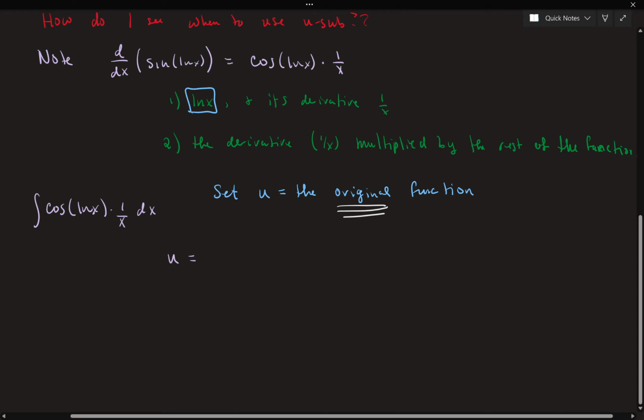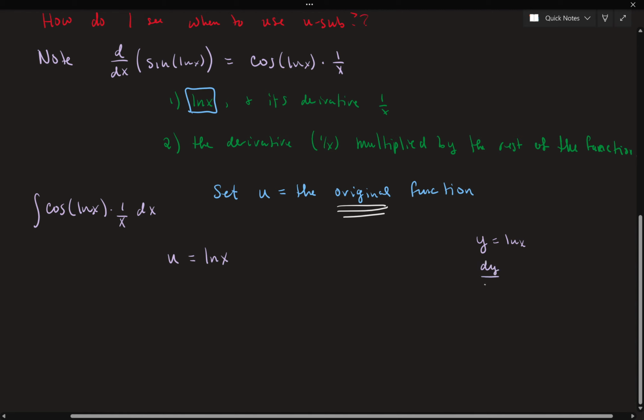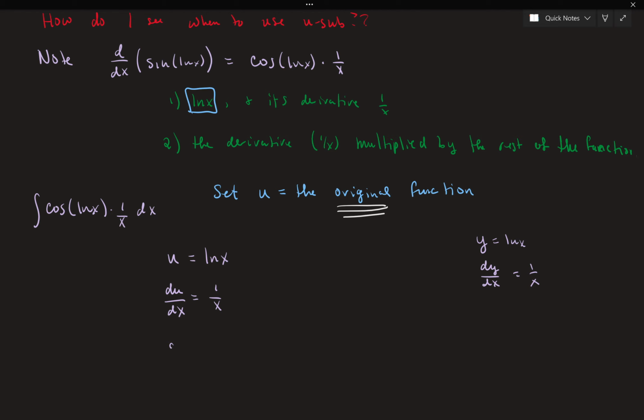I let u equal ln of x. I'm going to now take the derivative of both sides with respect to x. So u is a function, it's just the name of a function. So just like if y was ln x, I use dy dx to talk about the derivative. This is just the name of a function, just u. So I'm going to call the derivative du dx. Du dx is 1 over x. And now I'm going to multiply both sides by dx. These steps are the same for every single u sub problem. You do that every single time.